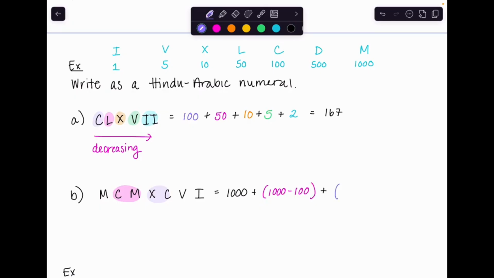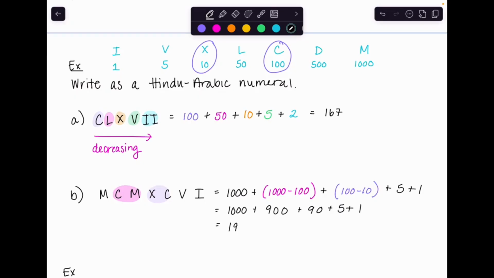Then looking at XC, comparing those from C, which is 100, I'm going to subtract 10. Okay. And then last up, we've got V, which is 5, and a single I, which is 1. So this is really 1,000 plus 995 and a 1. So this gives us the number 1996. Okay.